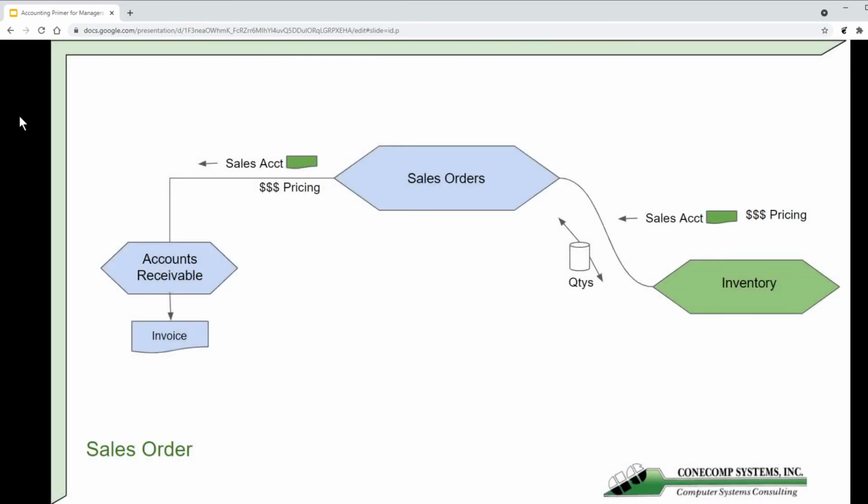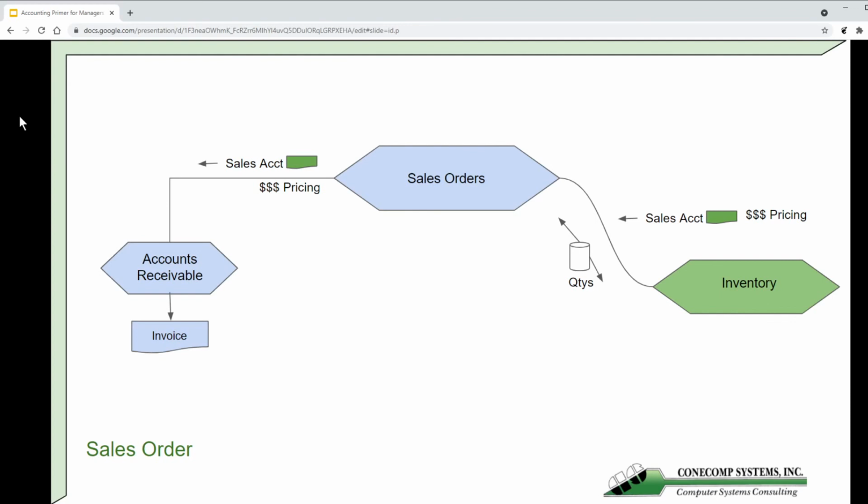The first of those is the sales order module, and we've all used those. If you've ordered anything online, you've used the sales order entry screen, or if you've used a kiosk in a fast food store to put your order in, that's sales order. Basically it's hooked into accounts receivable and inventory, getting the customer information from accounts receivable, and then for the things you're ordering, it gets the sales account information from inventory, and it basically prints that.